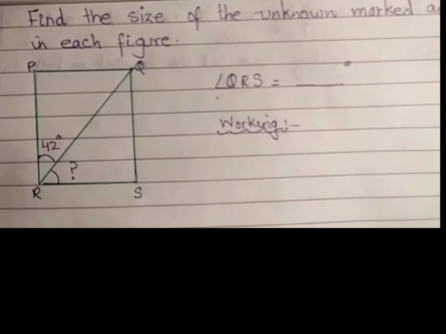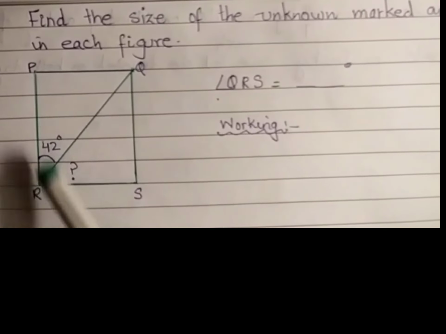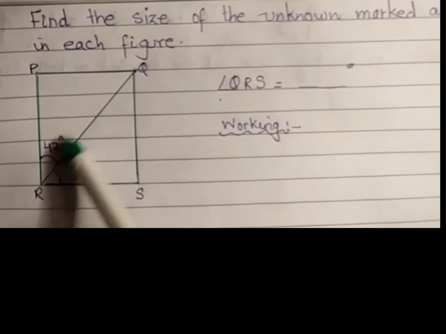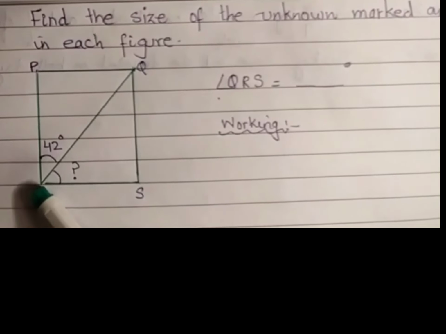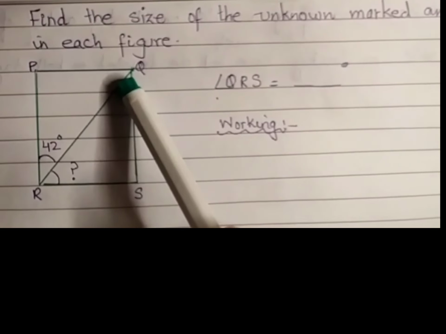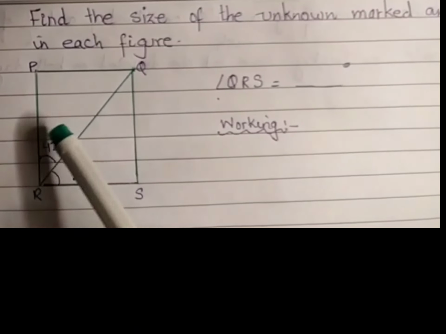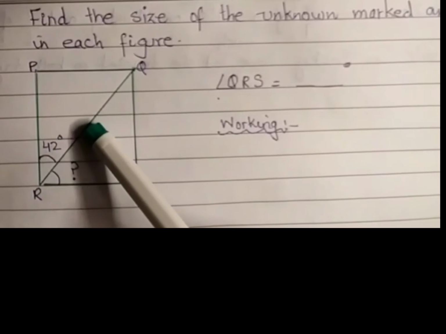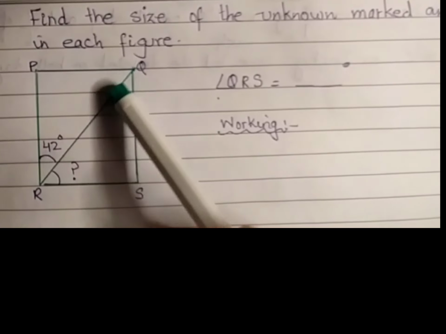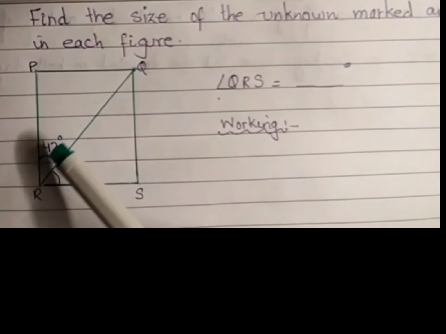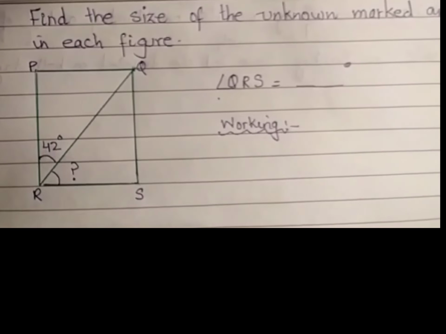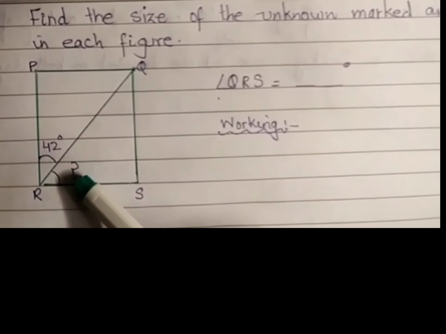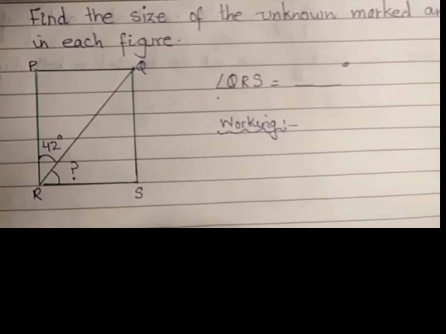Now over here, they have divided this 90 degree angle into 2 parts. One of the angles is 42 degrees. Although this is a 90 degree angle, they have made a parting in the middle and given it 42 degrees. What do you think the other side should be? It's a simple question, children.